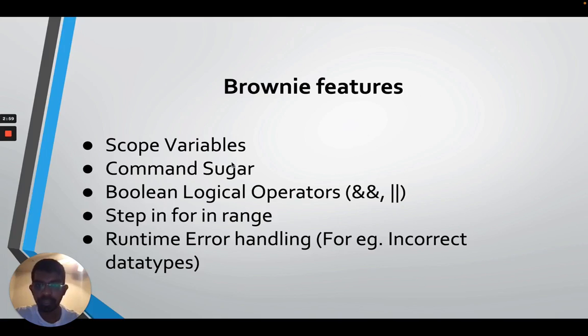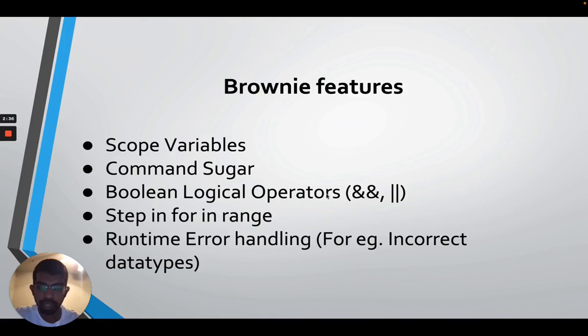Then we have implemented command sugar like plus operators, plus equals to operators, and all those, which you can find in the documentation. Then we have also implemented Boolean and and Boolean or operators, this step function in the range for loop, and a little bit of error handling as well.